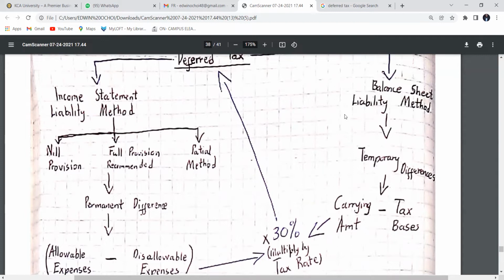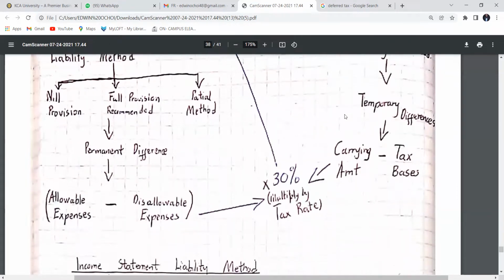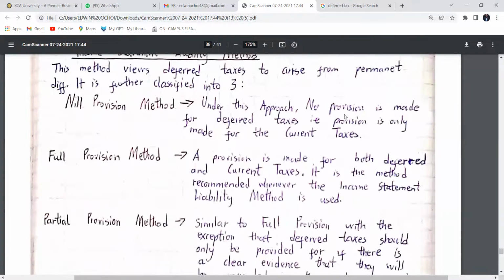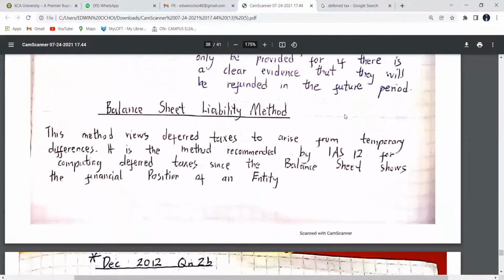I already said that temporary difference is got by taking the difference between the carrying amount and the tax base. The carrying amount is the cost minus accumulated depreciation. What about the tax base? You take the cost, you minus the accumulated capital allowance. So I think I have simplified that.